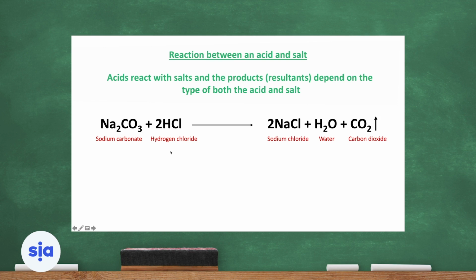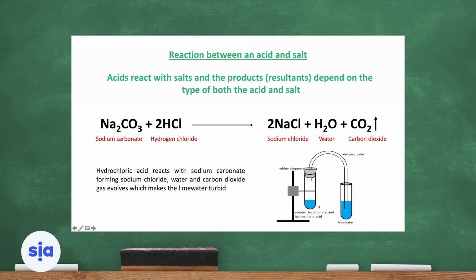When they react together, you can see here that the resultant will be sodium chloride. Sodium will replace the hydrogen and become sodium chloride, and H2O, water, and carbon dioxide gas will evolve. Whenever you see this arrow pointing to the top, this means that a gas evolved.